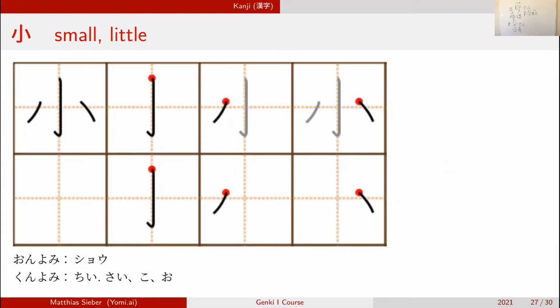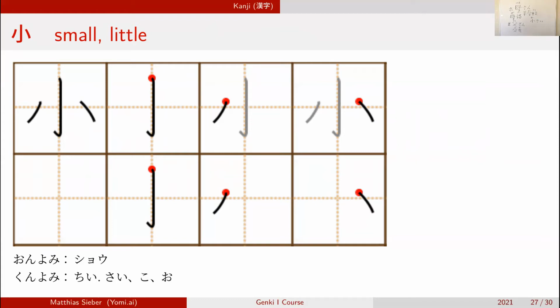And then, as I told you earlier, for small, little, chiisai. This is chi and another i, chiisai, i-adjective, right? Means small.